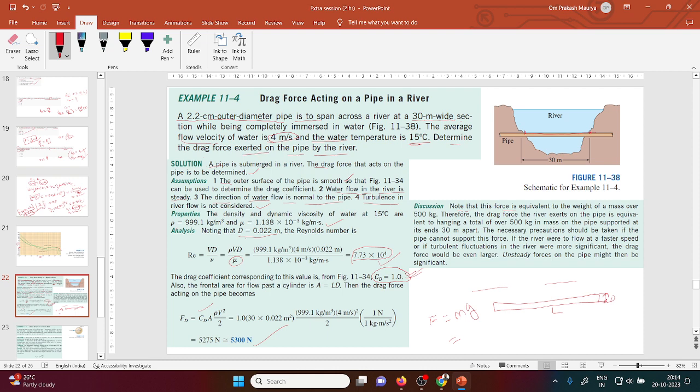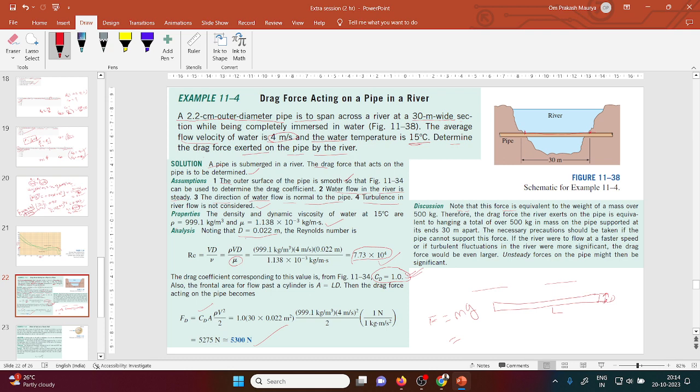Therefore, the drag force the river exerts on the pipe is equivalent to hanging a total mass of over 500 kg on the pipe, supported at the ends 30 meters apart. Are you getting what the discussion is?